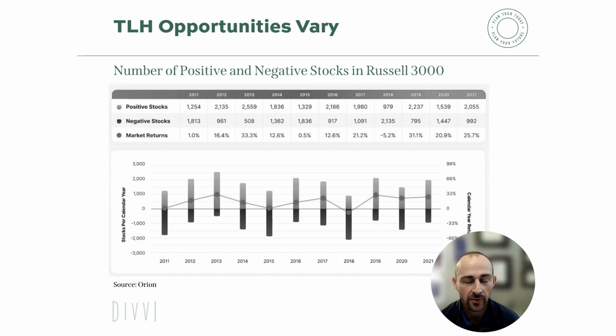So you look at 2011, there were over 1,200 companies that were up during the year, but there were over 1,800 stocks that were down. So again, if you think about this from a tax loss harvesting perspective, there are a lot of opportunities to realize those losses, replace the stock with something else that should give you a similar type of experience. That's the idea.